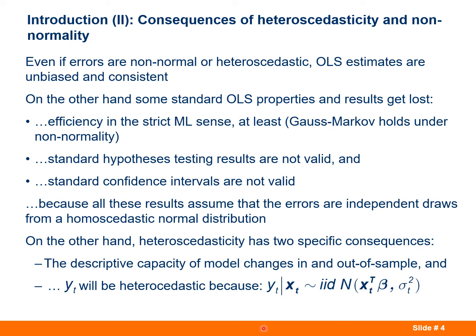And this happens because the distribution of Y_t conditional to the true values of x_t, this notation means the conditional distribution of Y_t, will be normal, if you continue holding the normality assumption, with this mean and this variance, which is the same variance of the error.